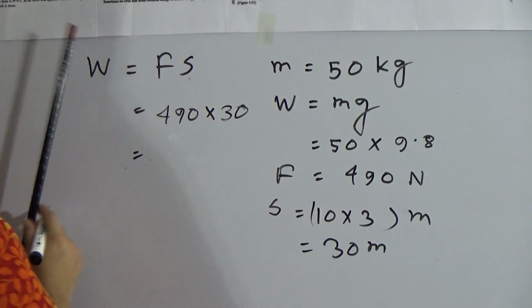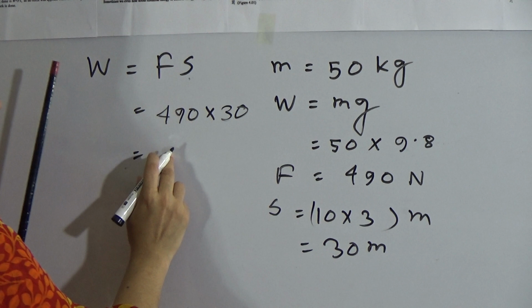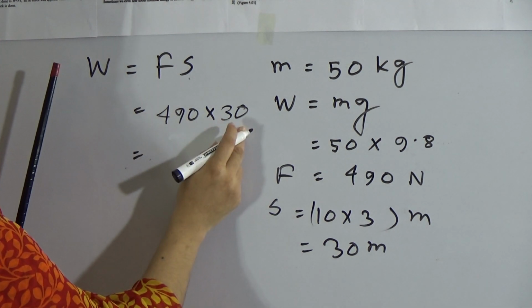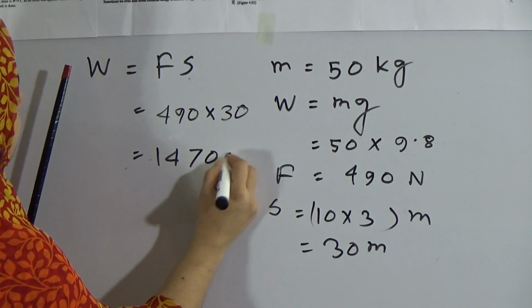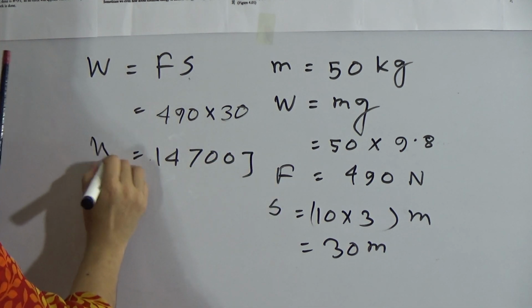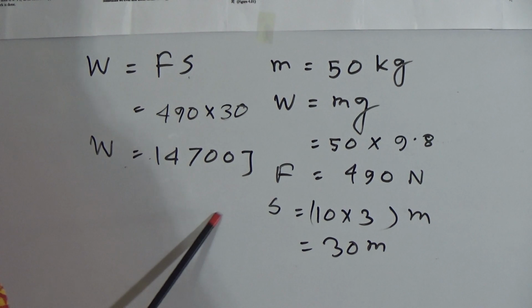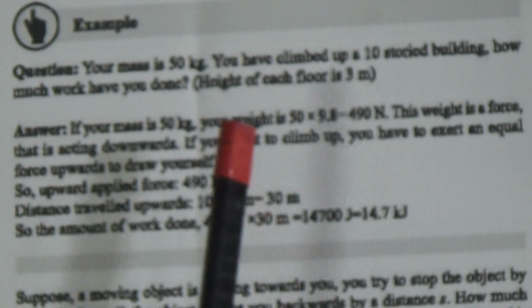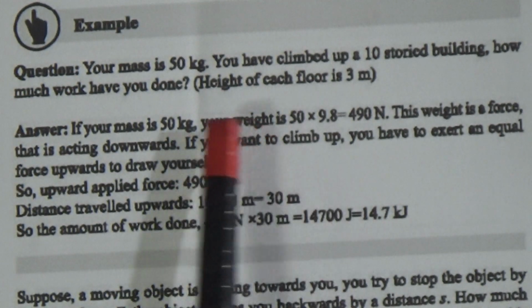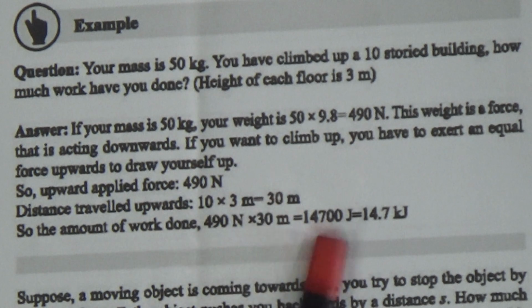So the work done by you is 490 into 30 meter, that means 14,700 joule. This work is done by you. This is the answer. My dear students, I hope all of you have understood this mathematical problem. You have to practice more mathematical problems like this.